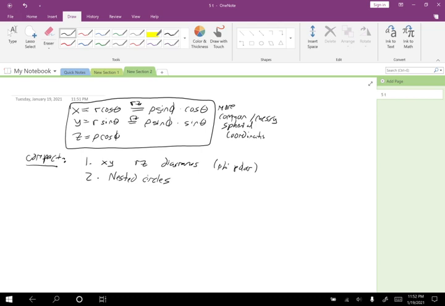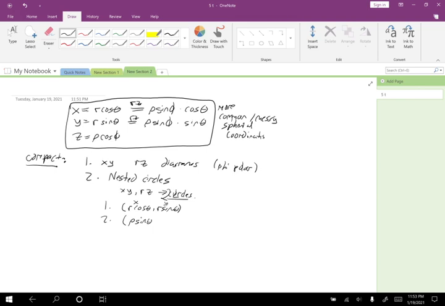Nested circles, but what I mean here is really what's going on is that for x, y, and RZ, we're using two different circles. Not unit circles, but two different circles. The first circle is r cosine theta, r sine theta. The second circle is rho sine phi. Remember, this is x, y.